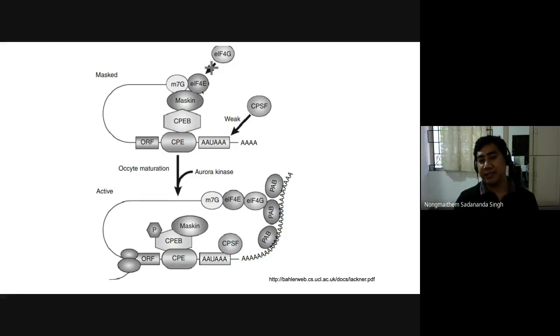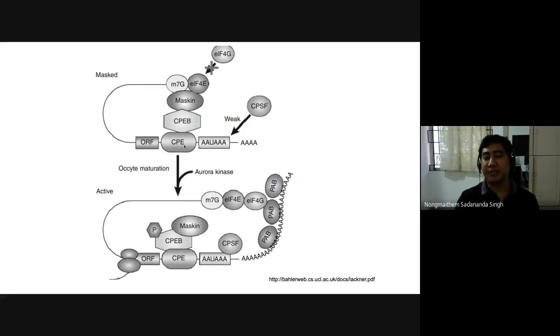So that circularizes the mRNA and it's ready for translation. But many times, like in this example, the CPEB factor interacts with Maskin, and this Maskin can interact with eIF4E and doesn't allow eIF4G to form the initiation complex, thereby inhibiting translation from this particular ORF.